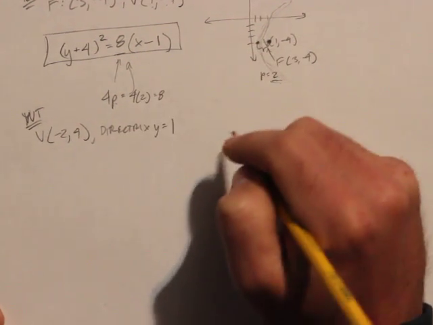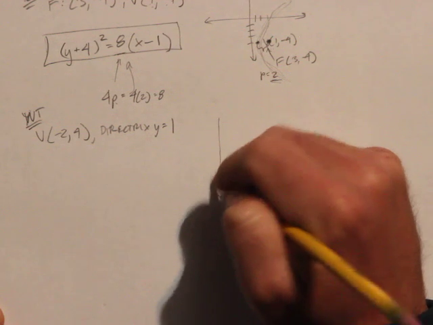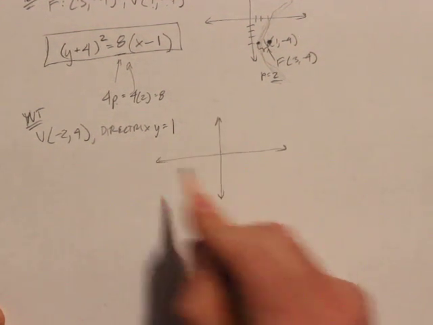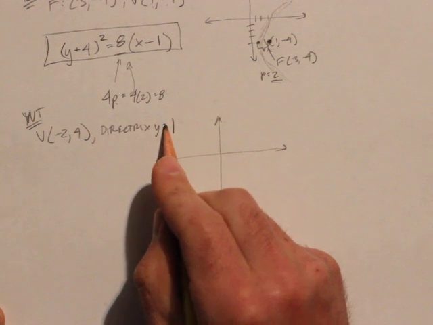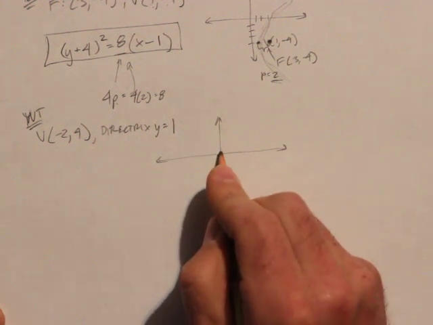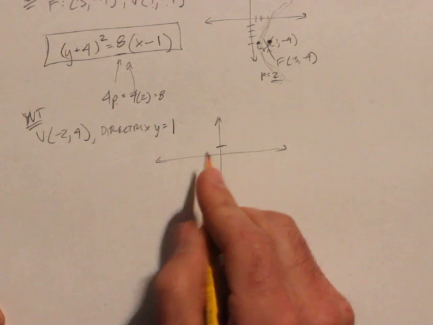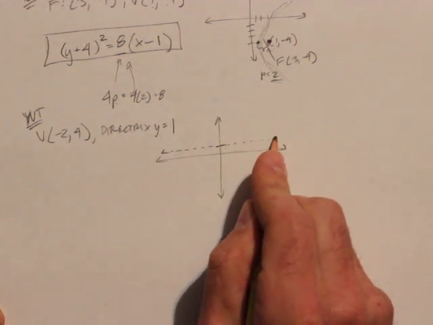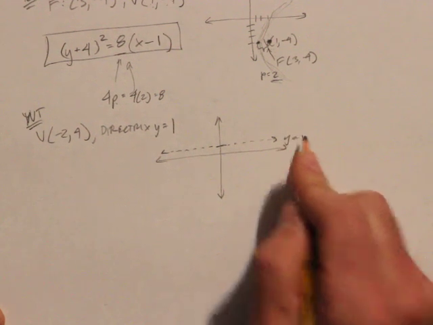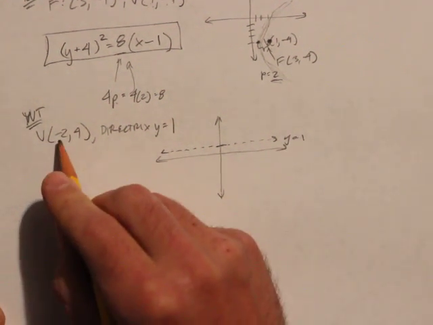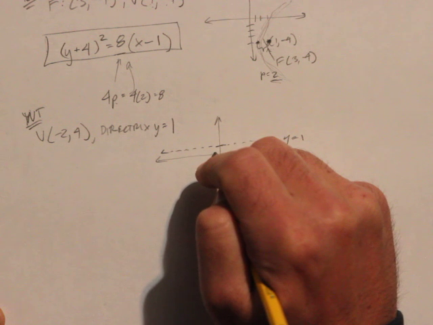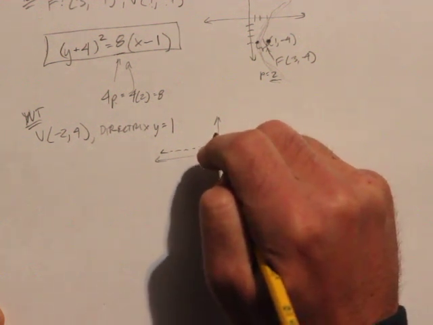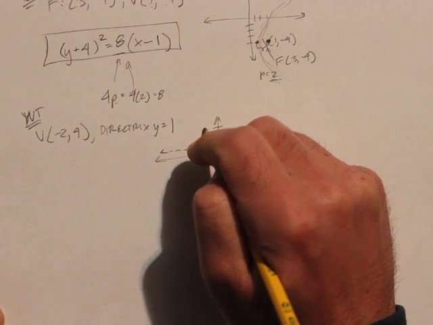So I'm going to graph it because this makes much more sense to me than using some other kind of method to figure this out. My directrix is y equals 1. So at y equals 1, that's right there. There's my directrix. All right, my vertex is (-2, 4). Negative 2, 1, 2, 4. 1, 2, 3, 4. There's my vertex.